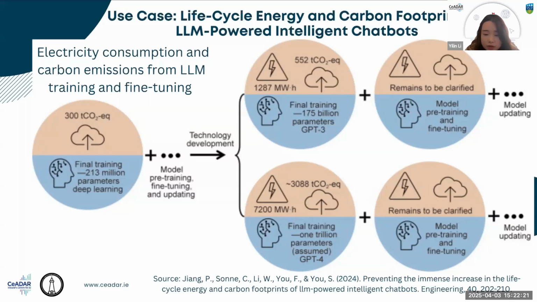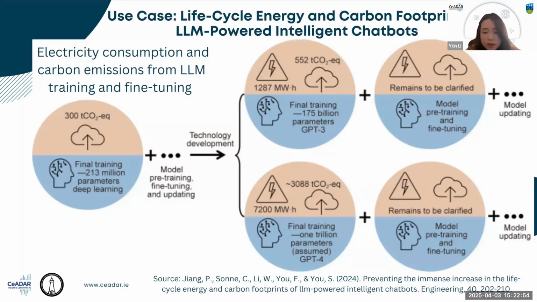Then training GPT-3, which is much bigger, used over 1,000 megawatt hours of electricity and created more than 515 tons of carbon emissions. And you can see GPT-4 is even higher: about 7,000 megawatt hours of electricity and 3,000 tons of carbon emissions.